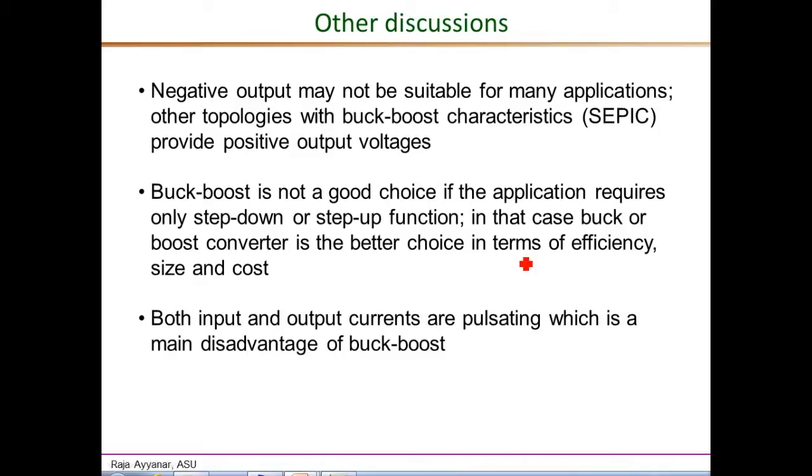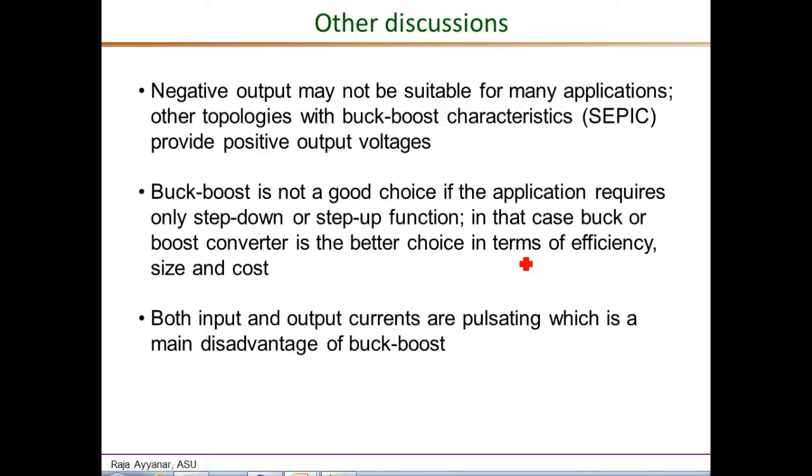Another main disadvantage, in addition to the switch ratings, is the fact that both the input side as well as the output side currents in a buck boost are pulsating. In a buck converter, the output current is a smooth inductor current, whereas the input is pulsating. In the boost, it's just the opposite. The input current is smooth, output is pulsating.